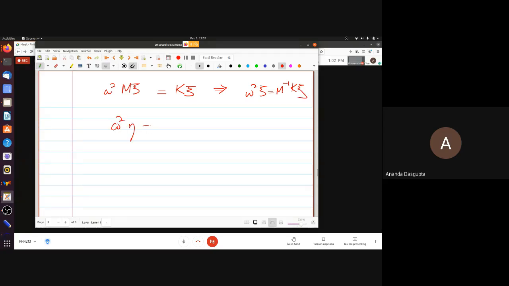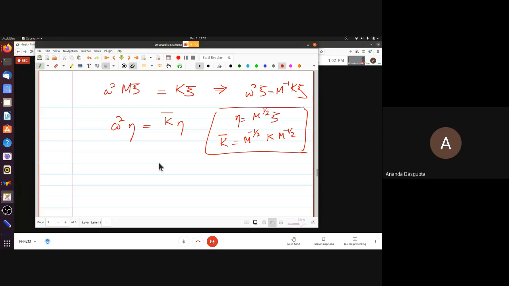It is the same as omega square eta is k bar eta, where eta is m to the half xi and k bar is m to the minus half k m to the minus half. That's slightly non-trivial, but it's pretty easy to see that if you put this into this equation, you will get exactly that thing back.